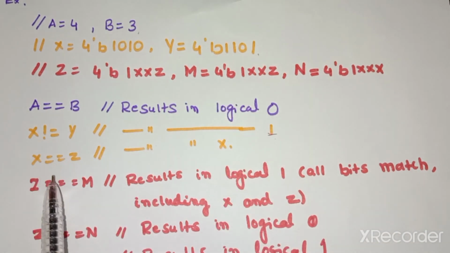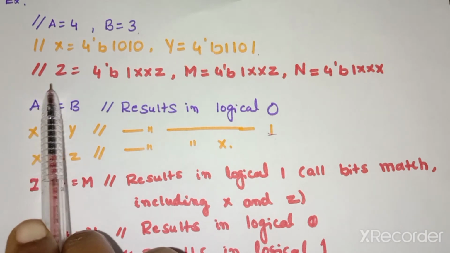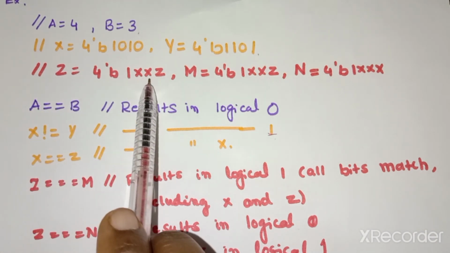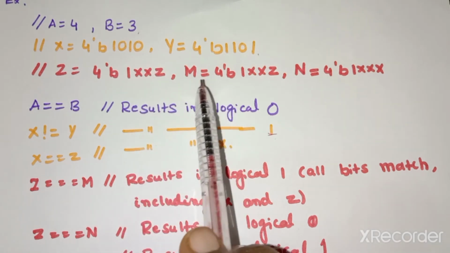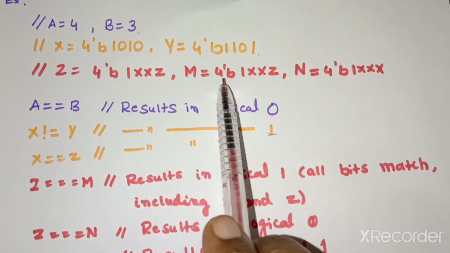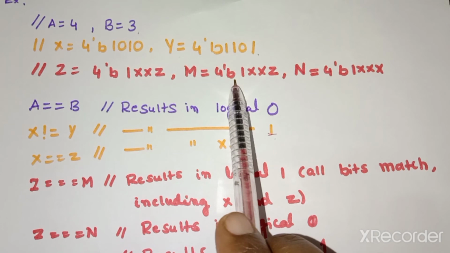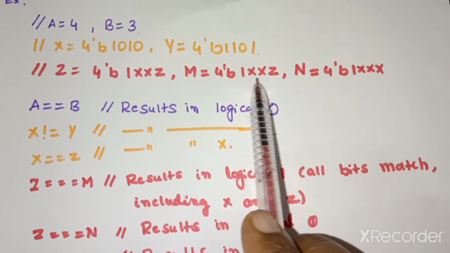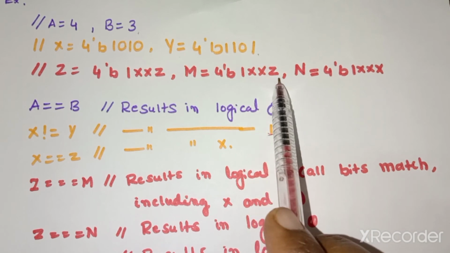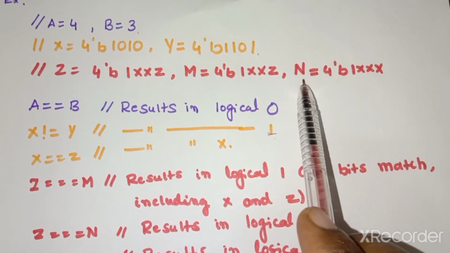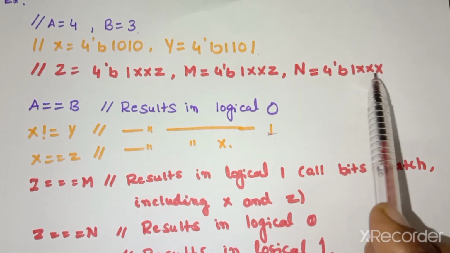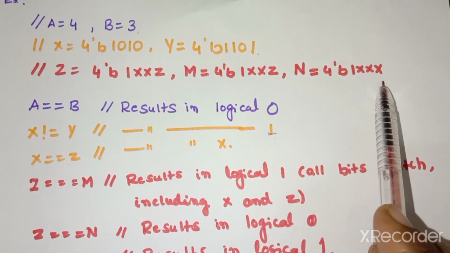Okay, and just let us take the z value as 4 bit. It is 1, x, x and z. Similarly, m value is equal to 4 bit binary, 1, x, x and z. Similarly, I have taken another value, that is n is equal to 4 bit of 1, x, x, x.